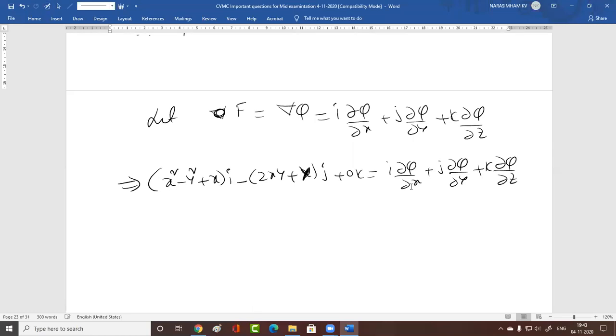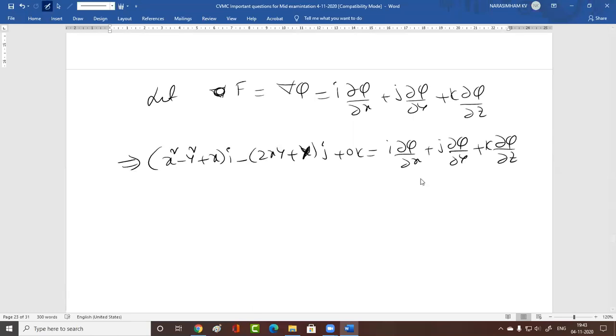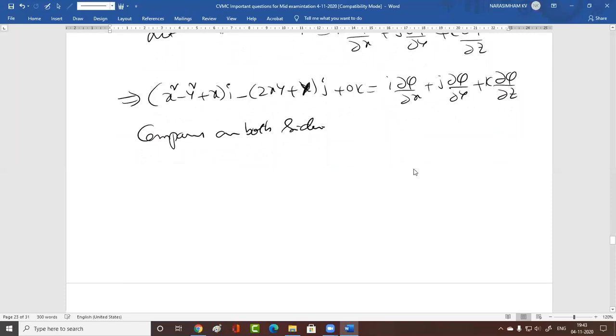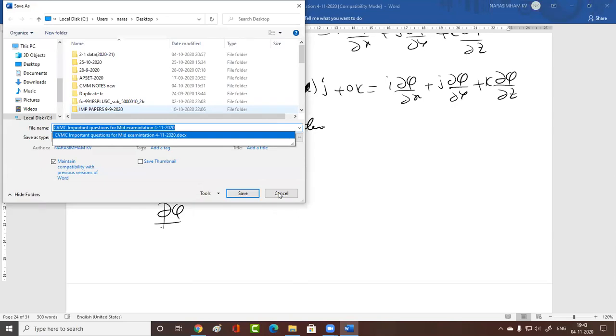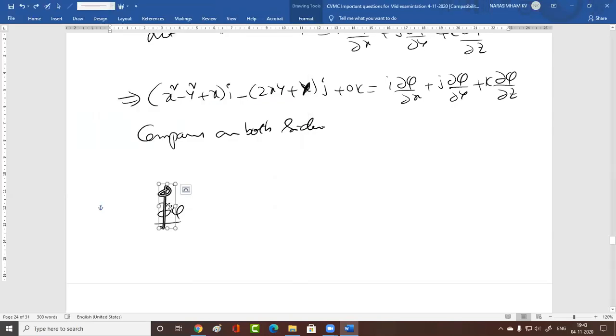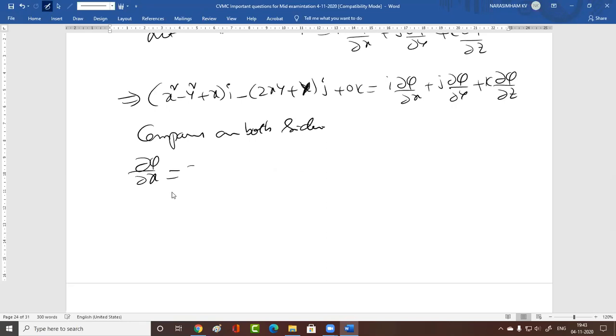So comparing on both sides, dou phi by dou x equals x square minus y square plus x.